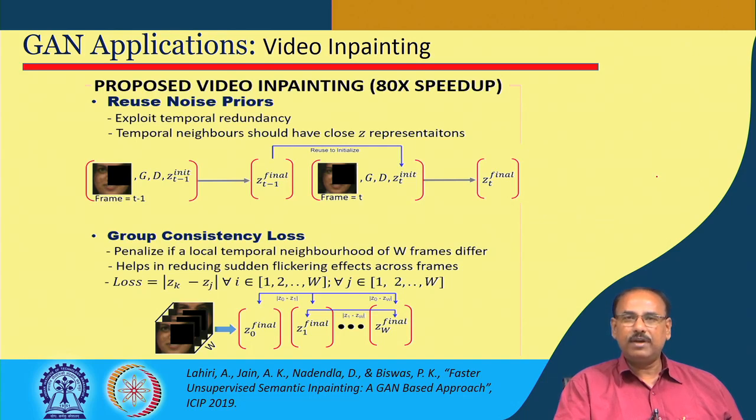And if I take, say, an initial vector z t minus 1 for a frame t minus 1, whatever final vector we get at convergence becomes the initial vector for the next frame.